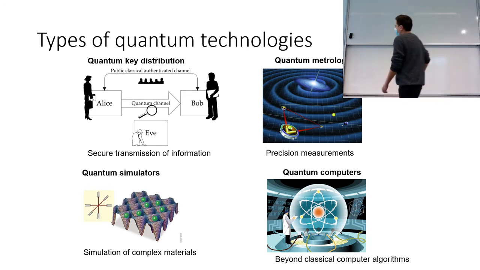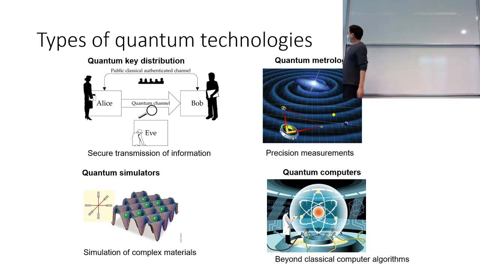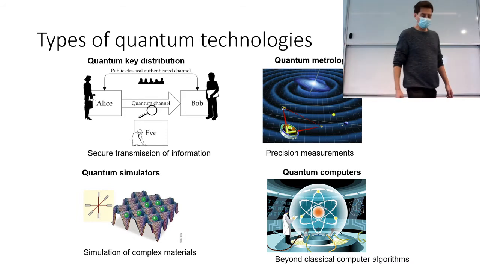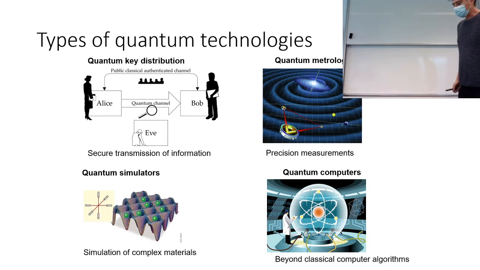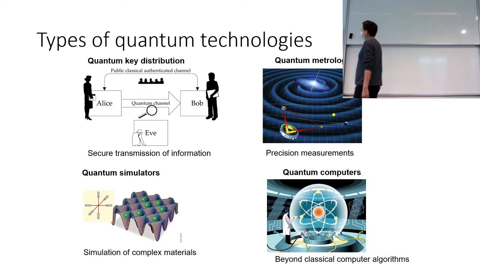cryptography. Other things are like quantum metrology. So these are doing sensitive measurements, and of course, that's quite an important topic, science-wise. So this picture here is supposed to be pictures of some gravitational waves.